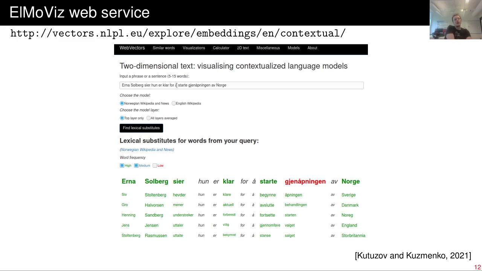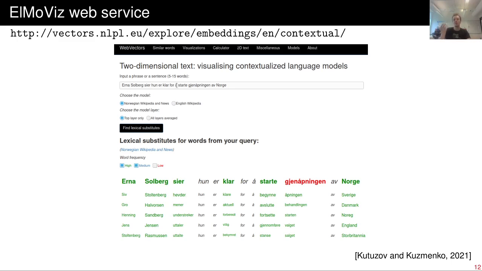In addition to that, we have also implemented the so-called ElMoViz web service, which is essentially a web-based platform which allows users to enter a Norwegian or English sentence and then get the so-called lexical substitutes for each word in this sentence. You can think about that as some kind of contextualized rephrasings of the input sentences.